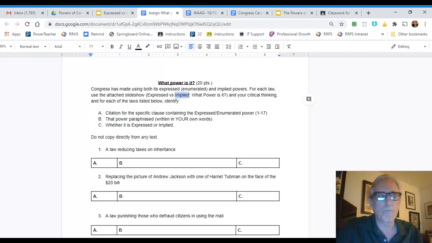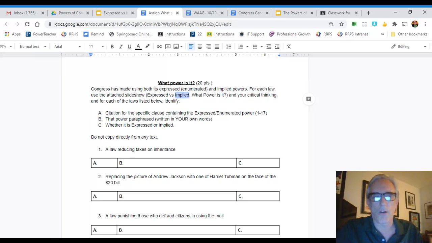Here's an example. Article 1, Section 8, Clause 1 expresses the power that Congress has the power to make laws that assess taxes. They are allowed to tax. The necessary and proper clause then allows Congress to also create an agency to collect those taxes.